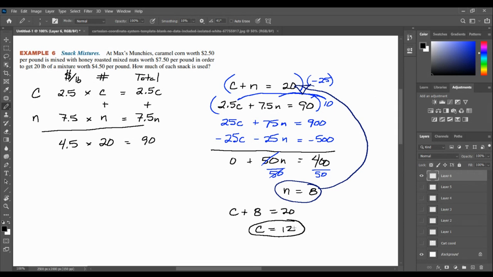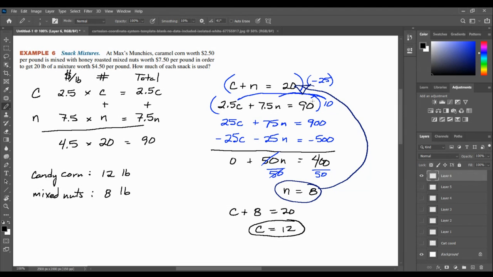So I've got that C is 12, so candy corn, we are taking 12 pounds. Mixed nuts, we'll just grab 8 pounds of that. So that's a total of 20 pounds.